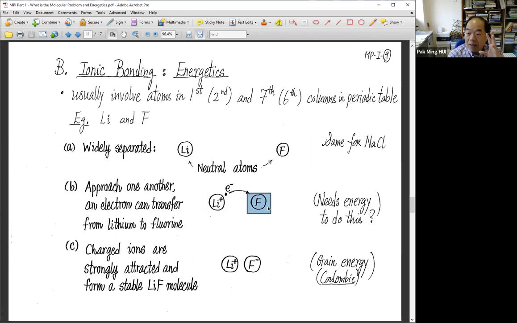But after that, you start to gain something back. Neutral atoms do not have Coulomb attraction. Become ions, they Coulomb attract, and the Coulomb attraction energy is negative. So they gain back some Coulomb attraction energy. So there is some accounting to do.